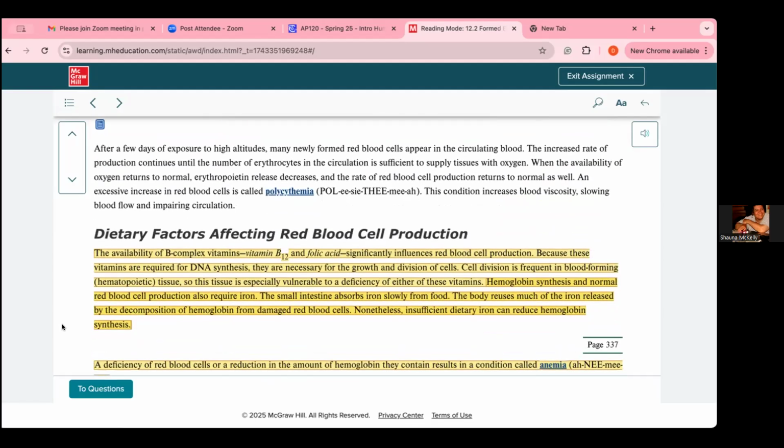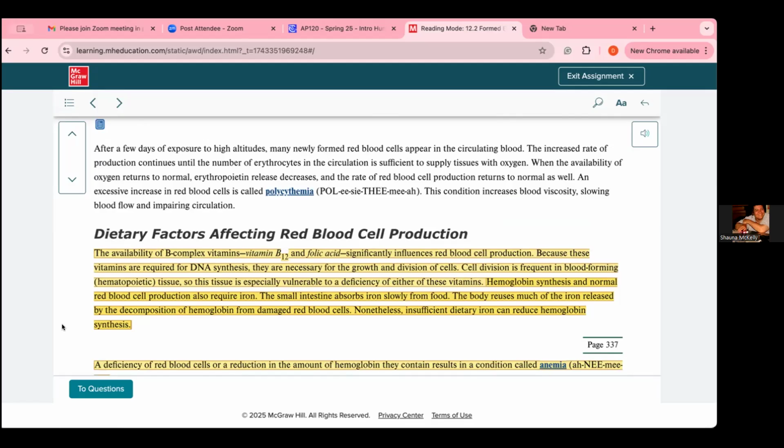Okay, that's about high altitudes. The availability of B complex vitamins, vitamin B12 and folic acid significantly influences red blood cell production. Because these vitamins are required for DNA synthesis, they're necessary for the growth and division of cells.